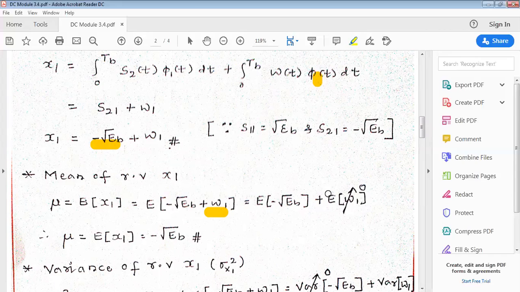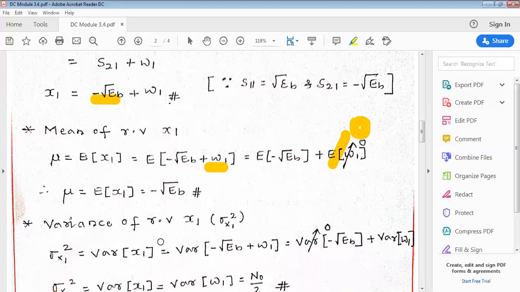And this expectation of w1 gives the mean of the noise. We know that the noise has zero mean and the power spectral density is N0 by 2, so the mean of the noise is 0. So mu is the expectation of x1, where minus square root of Eb is a constant value, and the expectation of a constant is always that constant. So mu is equal to minus square root of Eb.